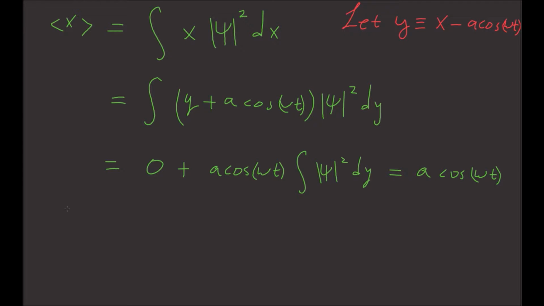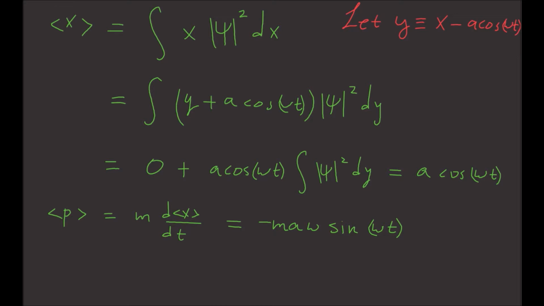So now the expectation value of p, this is the same as m times the time derivative of the expectation value of x. Make things a lot easier. So just take the time derivative of this, and that gives us minus m times a times omega times the sine of omega t.